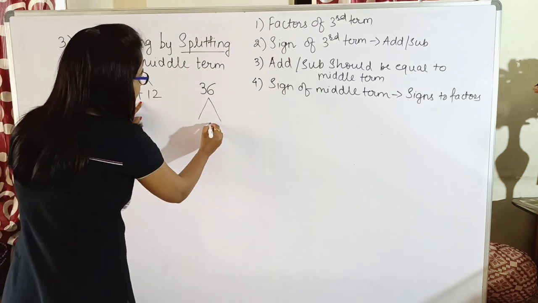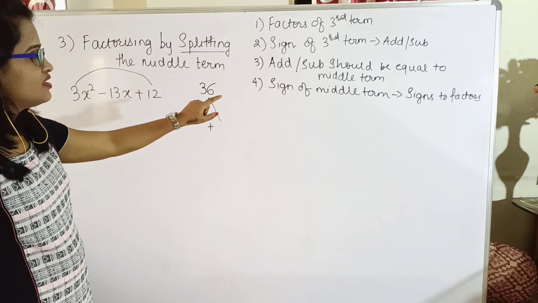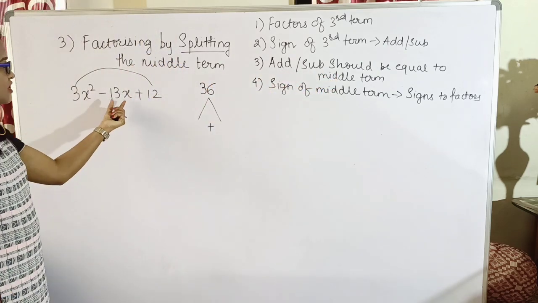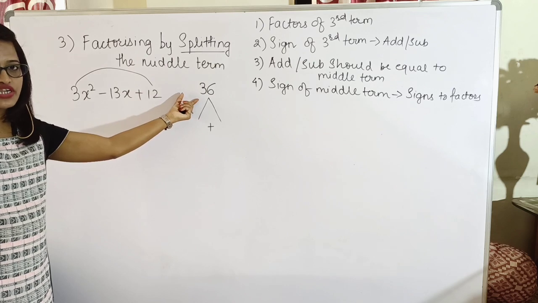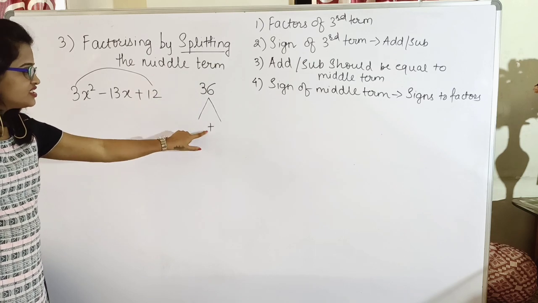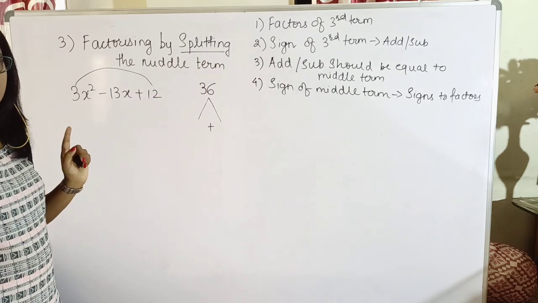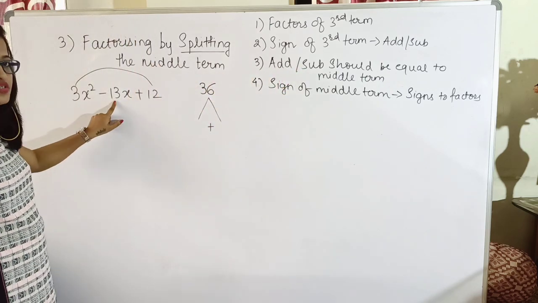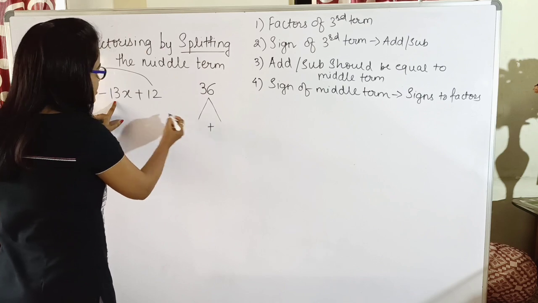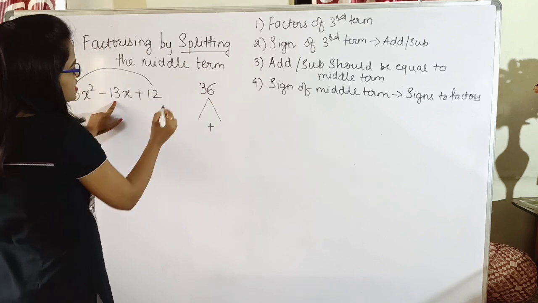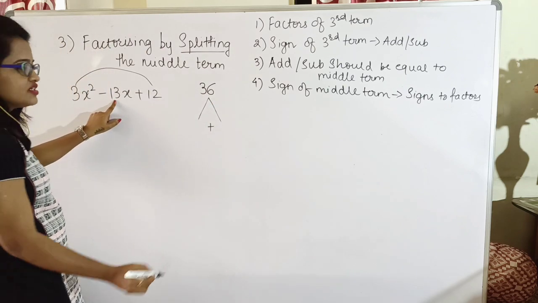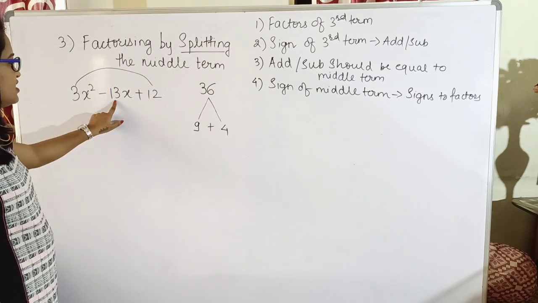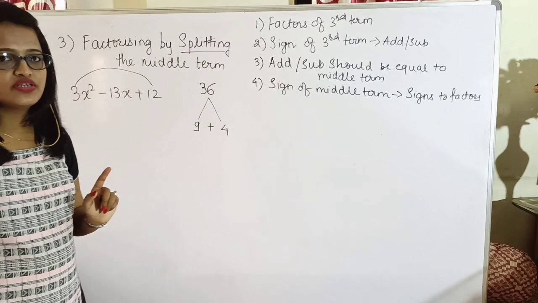Further, addition or subtraction should be equal to the middle term. Whatever factors of 36 you are taking, their addition has to be 13. The middle term is 13. Here I have to take addition because of this sign. So 36 factors whose addition is 13: 9 fours are, as you can see, 9 plus 4 is 13.